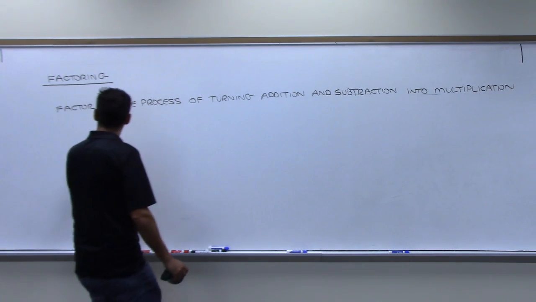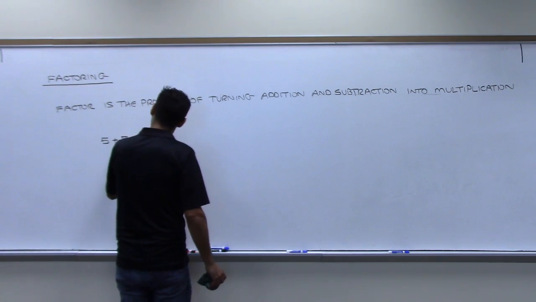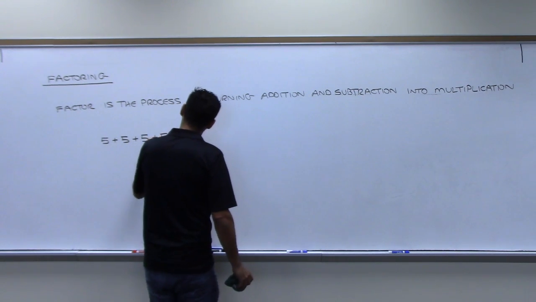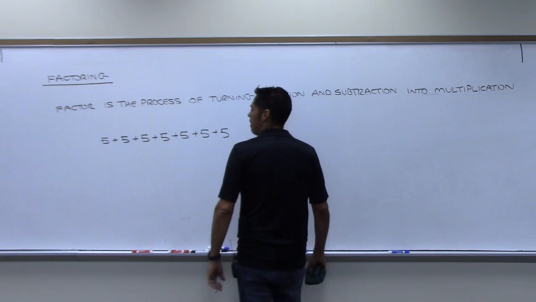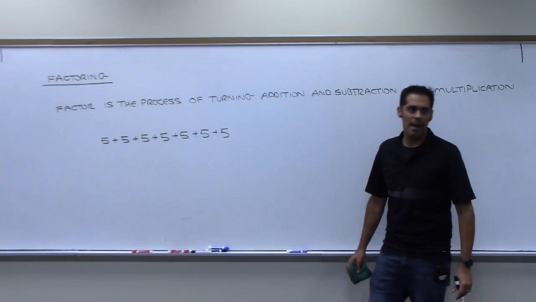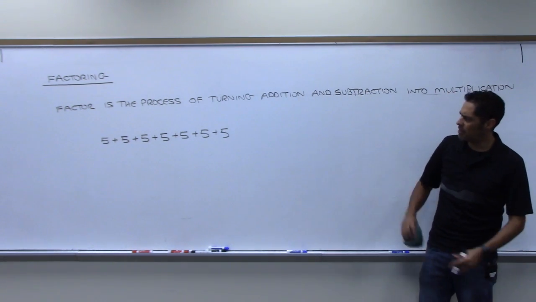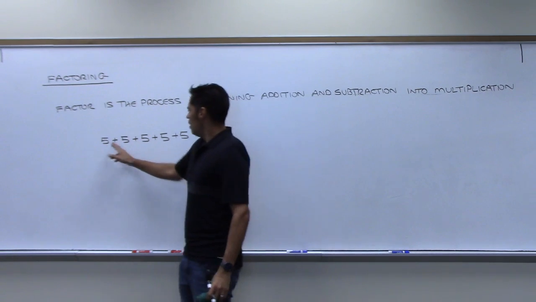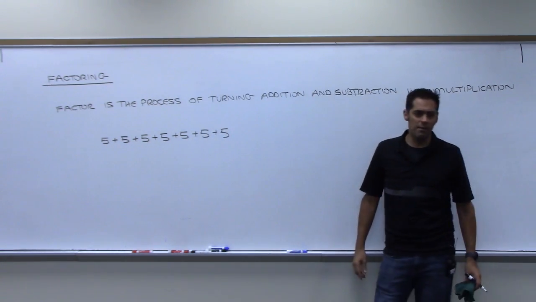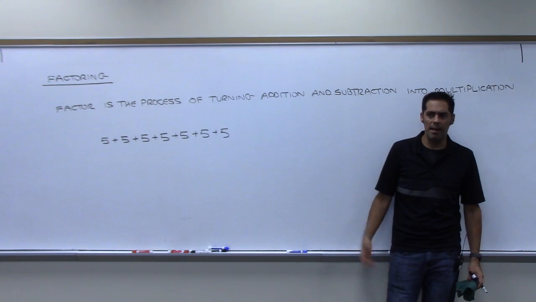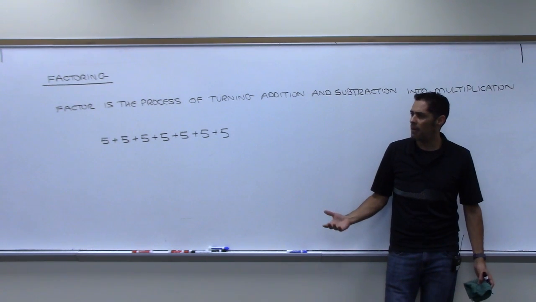What if I said 5 plus 5 plus 5 plus 5 plus 5 plus 5 plus 5? You could actually sit there and add that up, right? 5, how many times am I doing it? 2, 3, 4, 5, 6, 7, right? So I'm doing 7 5s together, which should add up to be what? 35, right?